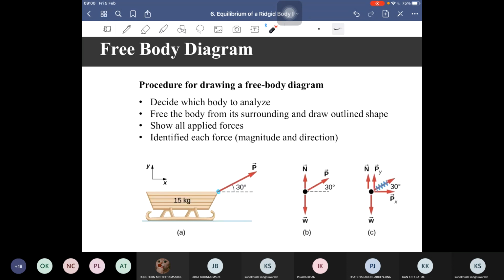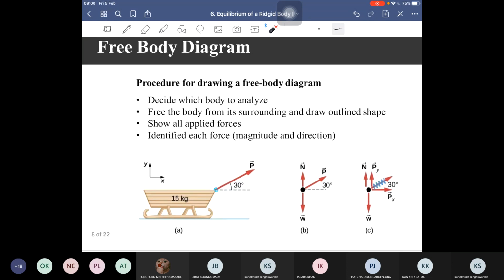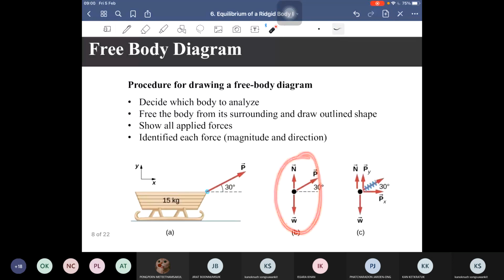And next, we have to show all applied forces on this body, including reaction forces that you cannot see. Like for this one, we see only the force P pulling this slider, but in reality, it still has the weight and, of course, the reaction force between this slider and the floor. So we have N and W acting in the up and down directions.